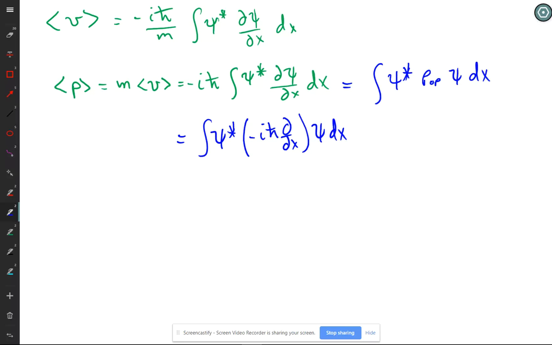Now I put it into the operator, so the d dx is acting on psi. When it acts on psi, we get d psi dx. And now we can read what our momentum operator is.